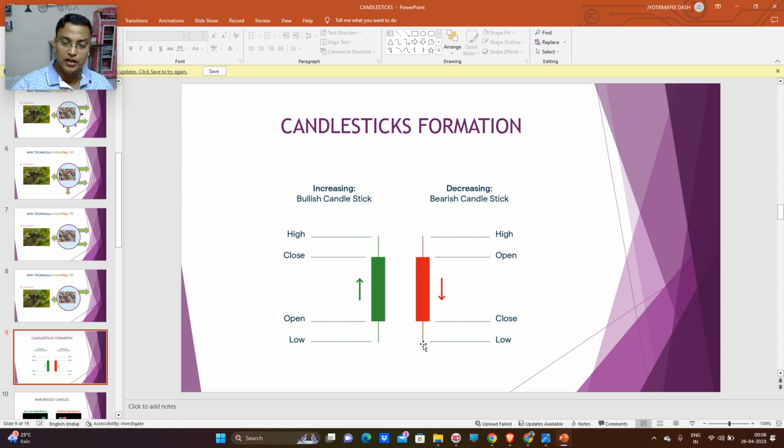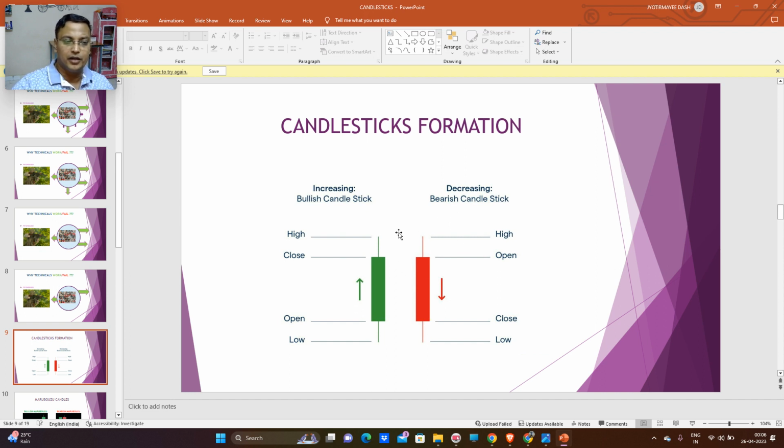And they purchased so much that the candle closed at this price. Are you getting me? Again, I am repeating: the prices opened here, but the bulls took control initially and took the price to this highest point. After that, the sellers came in and drove the prices all the way down to this low. And again, the bulls came in, took the prices above and closed it here.